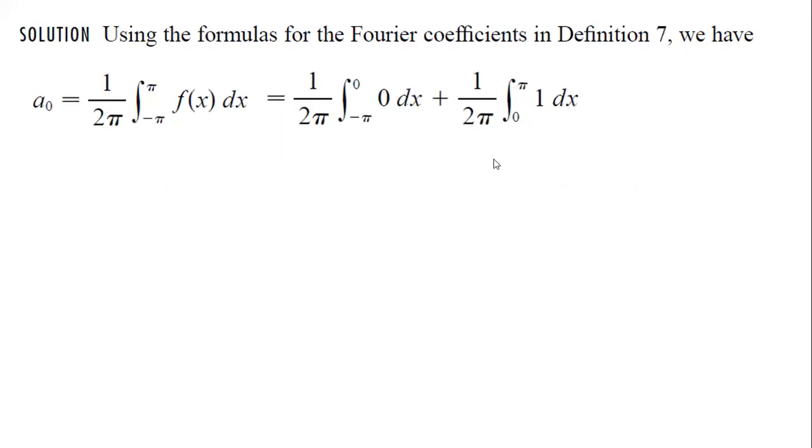Of course 1 over 2 pi is a constant value, so we can distribute this to these two terms. If we evaluate, the first one will give us a zero value.